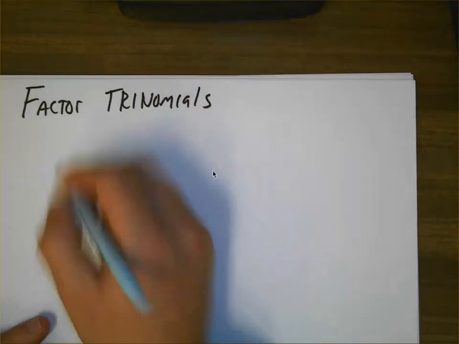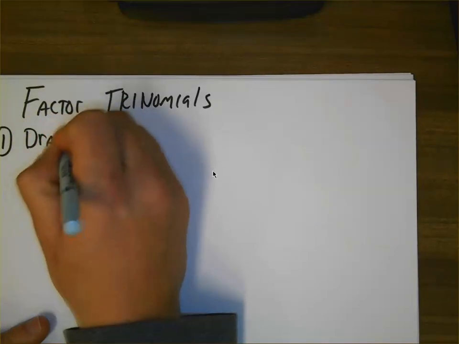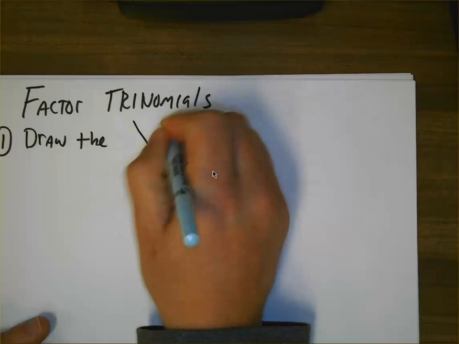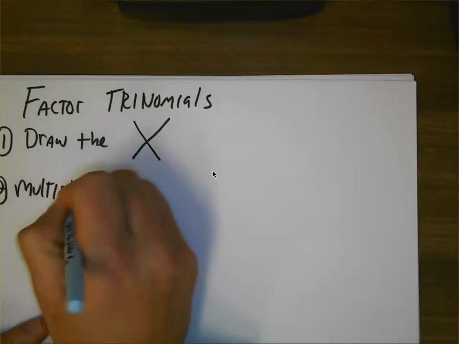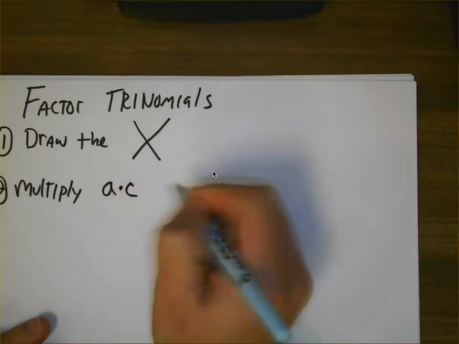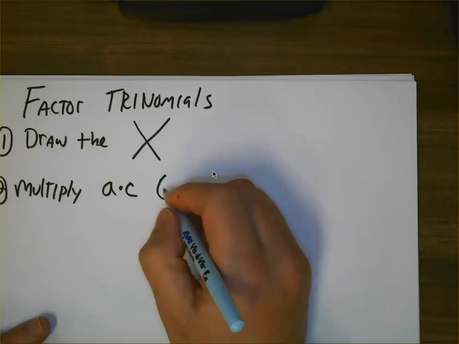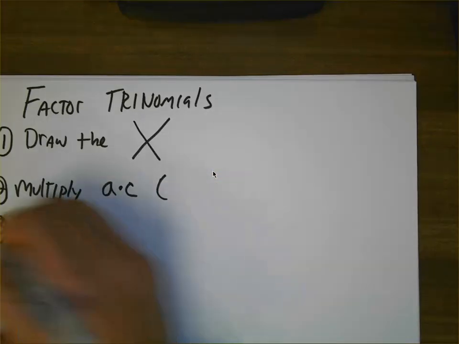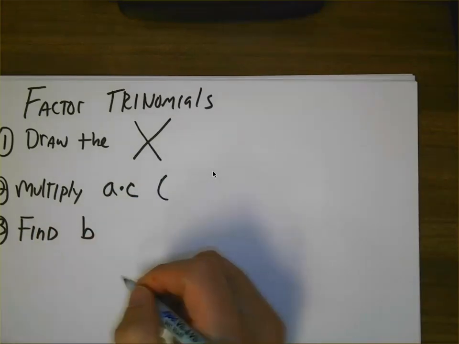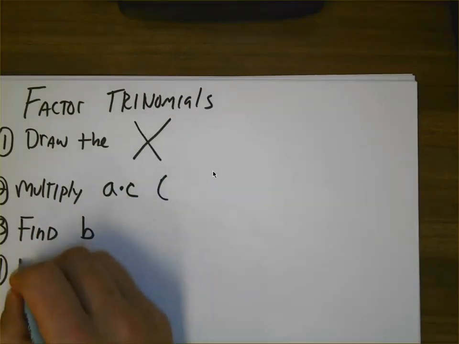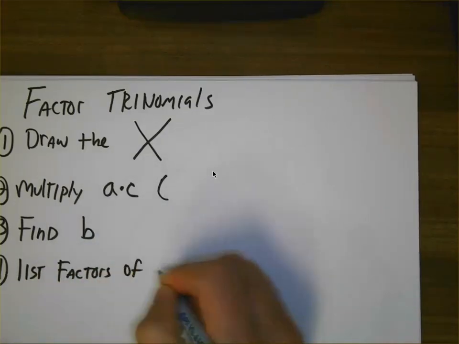Well, the first thing you do, step one, draw the x. Step two, multiply a times c. Step three, find b. Step four, list factors of AC.